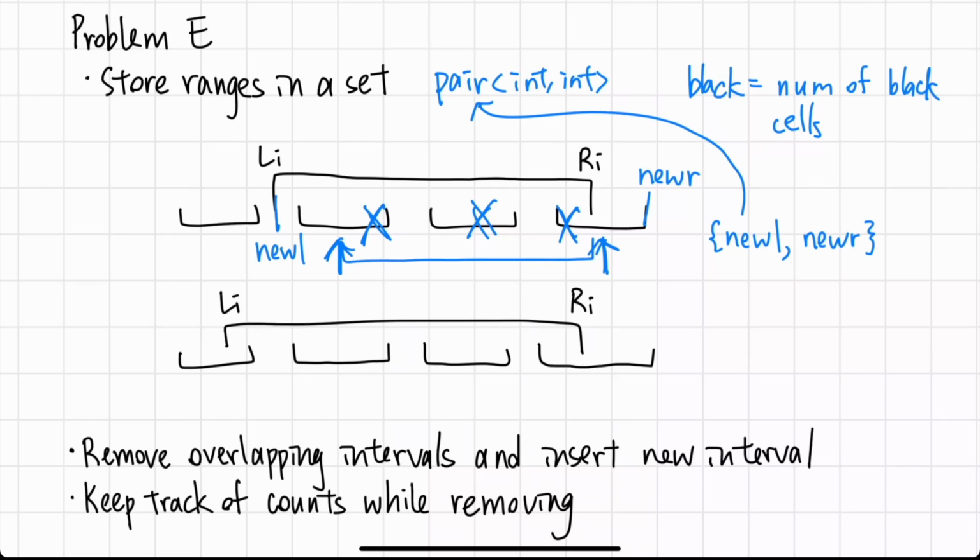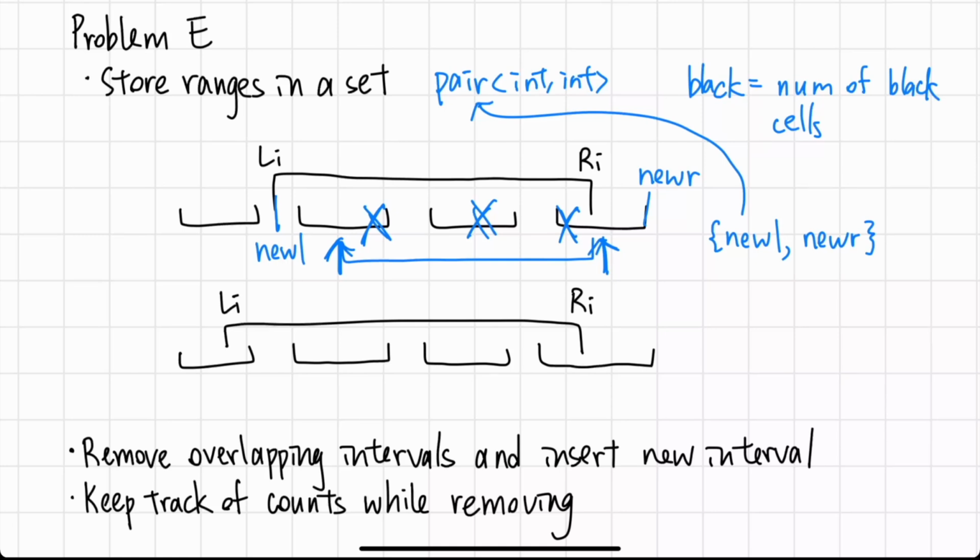So we may have another case. There are actually other cases. This is one of the examples where Li and Ri are in between the original ranges. Here, Li is not in any of the intervals, but Ri is in one of the previous intervals.